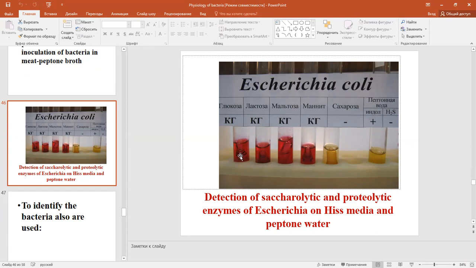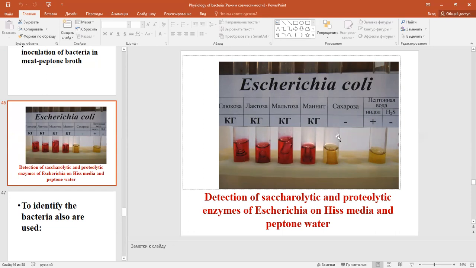Now we see the color of fuchsin, and we see a bubble of air in the inverted tube. So the conclusion is made that Escherichia coli are able to ferment glucose, lactose, maltose, and mannitol to acid and gas production. It's important to write the results exactly, what products are developed. In this case, we see acid production and gas production.